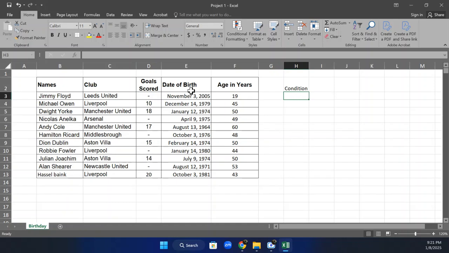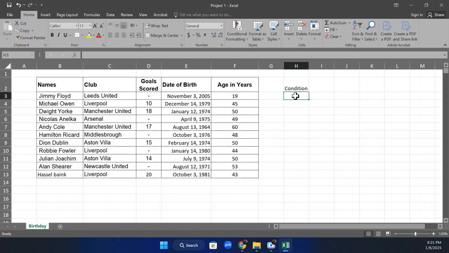We can insert a condition. We need players who scored more than 10 goals. We want it to count for us only players who scored more than 10 goals. Let me first show you something here.